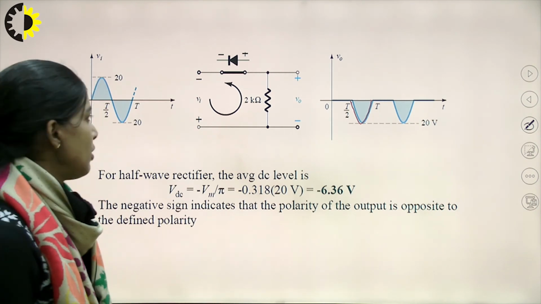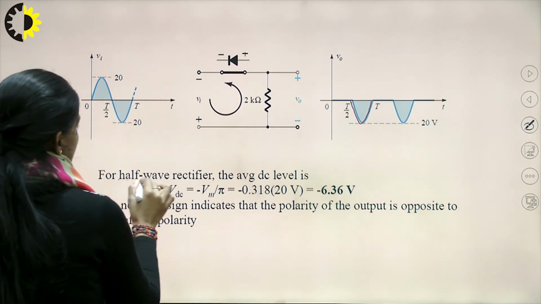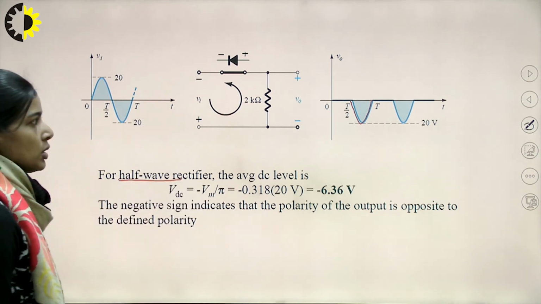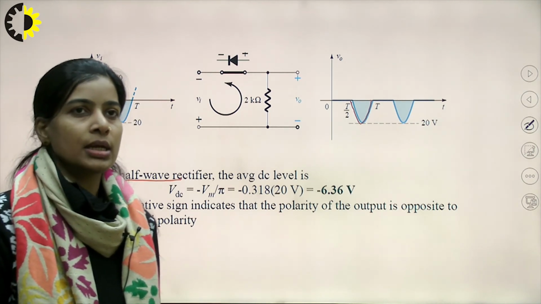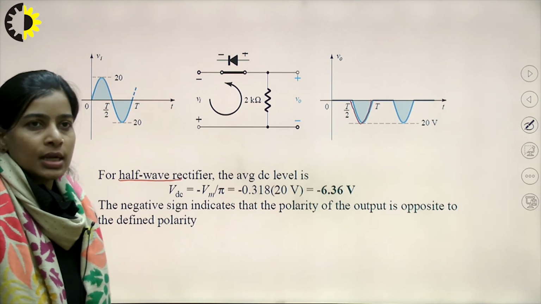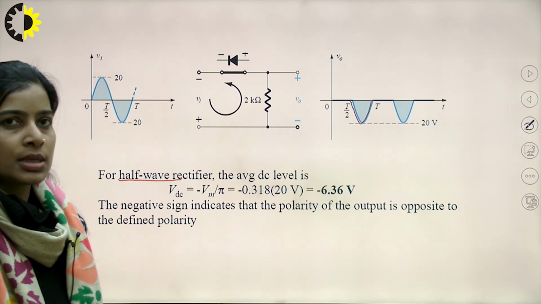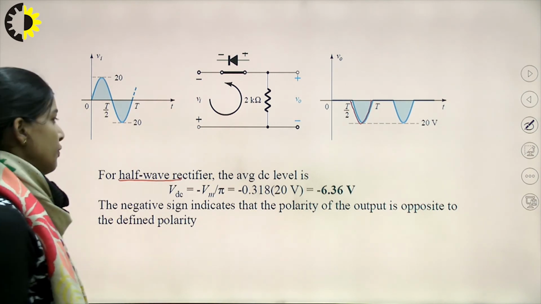So, the DC level was also to be calculated. Here I have written half wave rectifier. While discussing the clamping circuit, I told you that the half wave rectifier is a type of clipping circuit that clips off either the positive or the negative waveform.